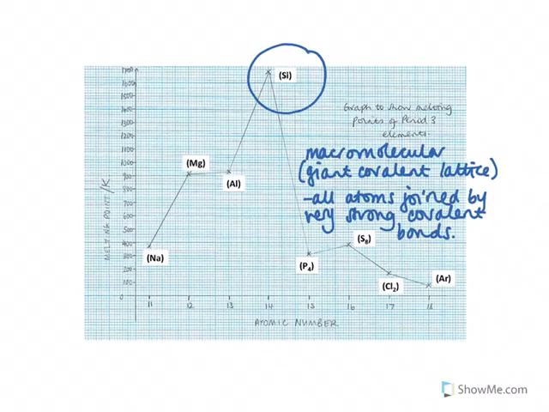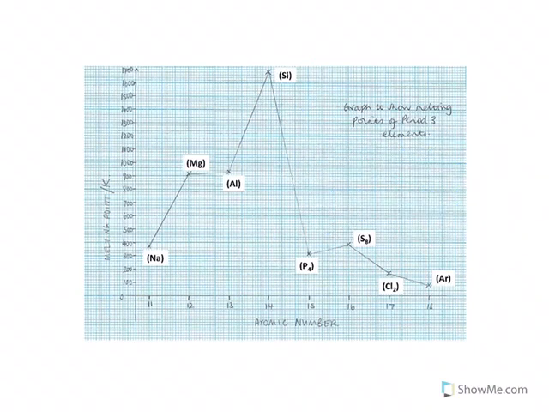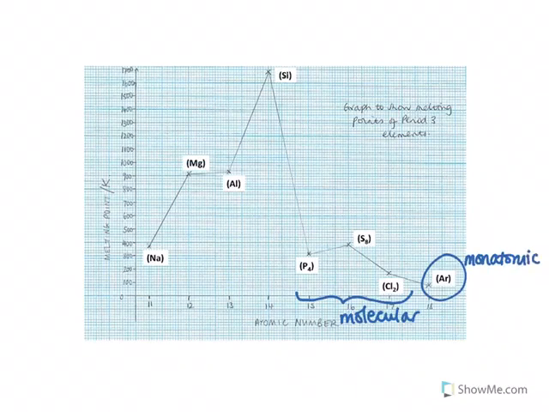Let's now consider those 4 nonmetals. So the 4 nonmetals, P4, S8, Cl2 and Ar. Well, these 3, P4, Cl2 and S8, are all molecular substances, whereas argon just exists as a monatomic substance. It's a monatomic gas, so that means it just exists as isolated argon atoms.